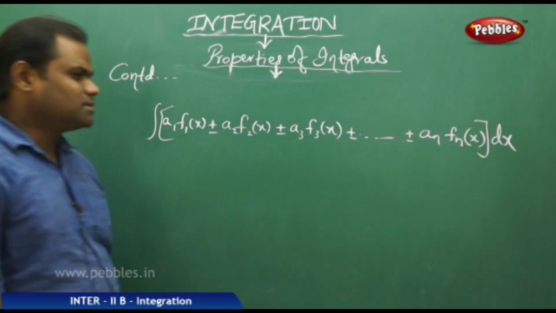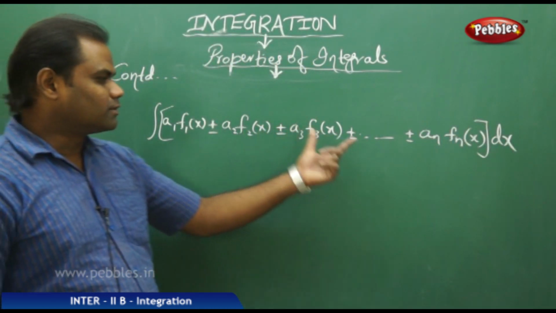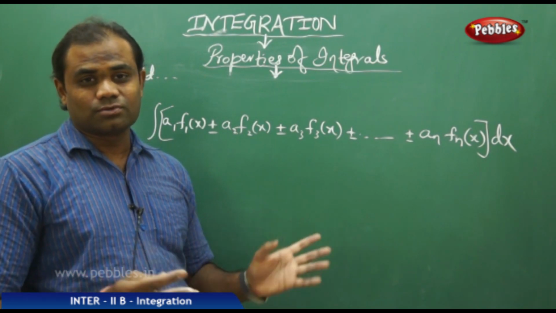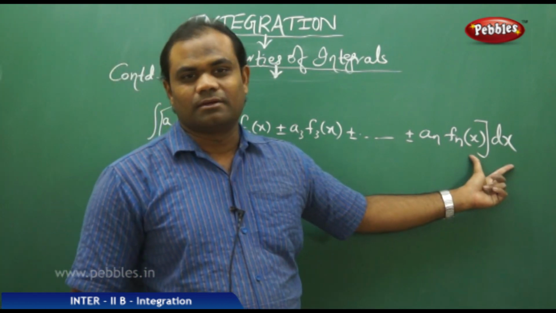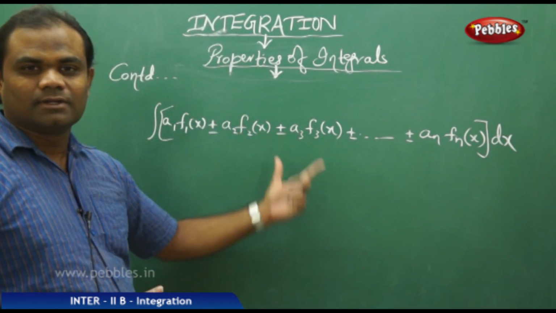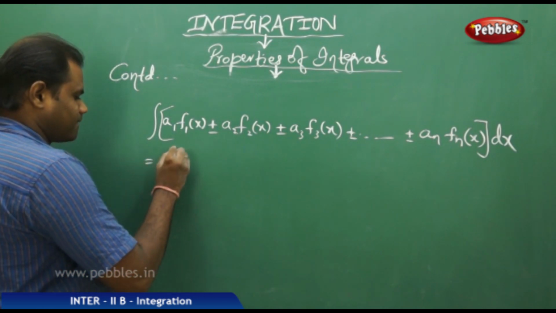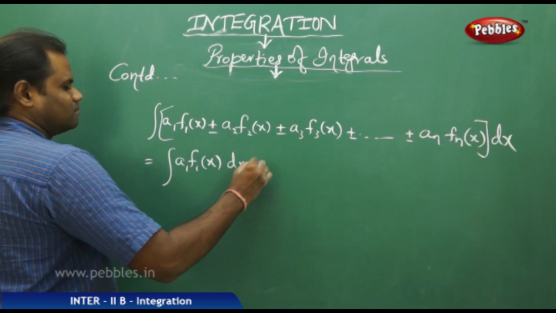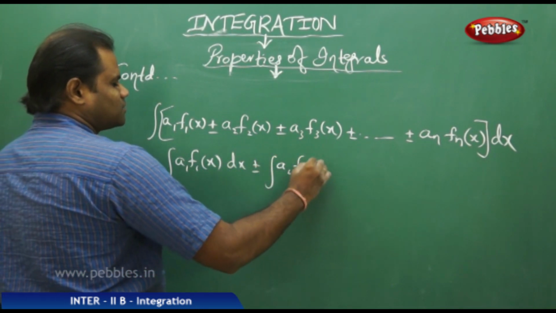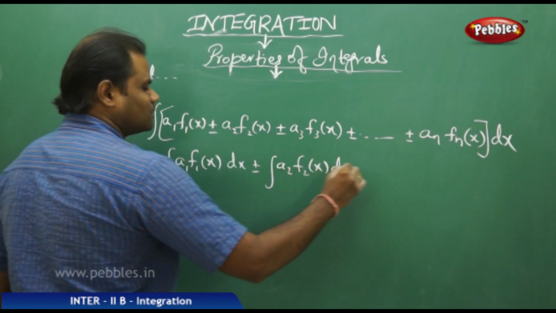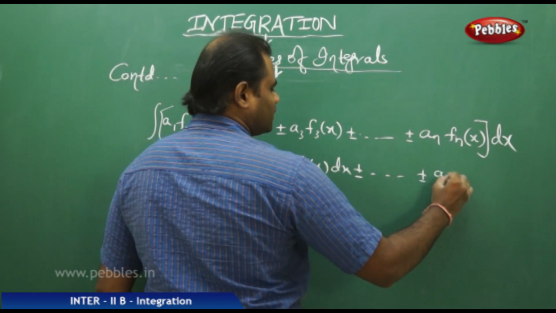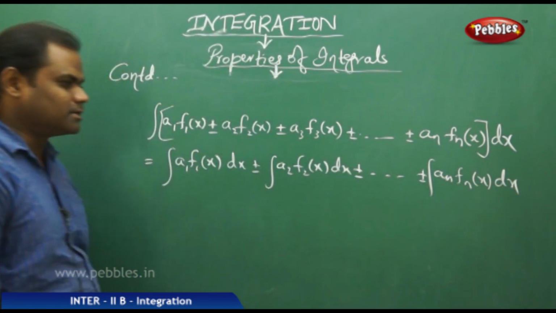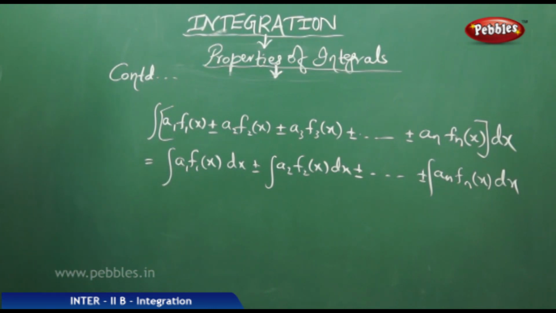dx, then this is split accordingly with each of the terms, because splitting the sum of integration is not restricted only to two functions but to infinite number of functions, here n different functions. So I can split this as a1 f1(x) plus or minus a2 f2(x) plus or minus an fn(x), which can be split as different integrations out here.